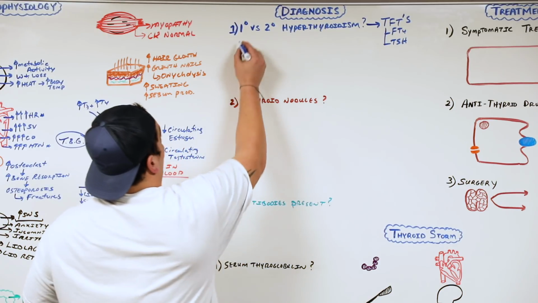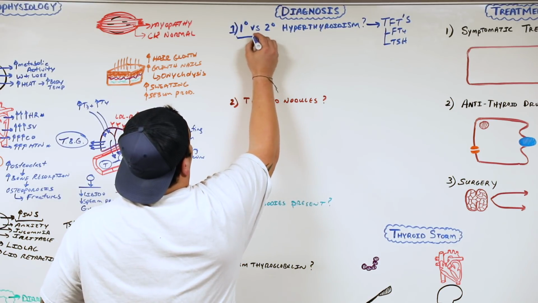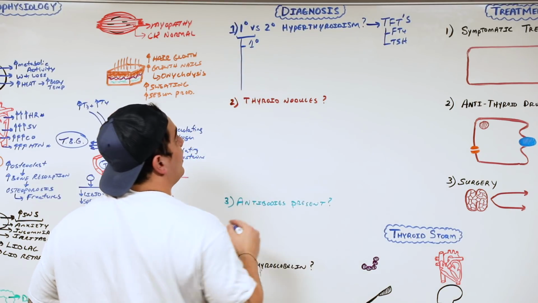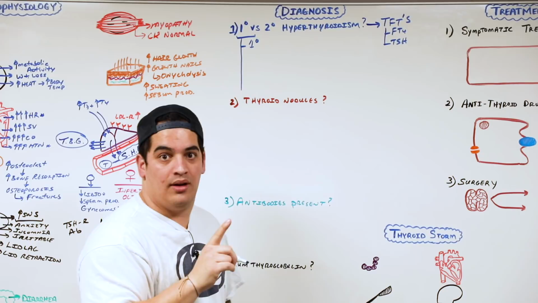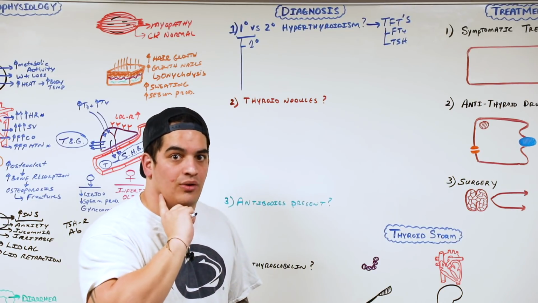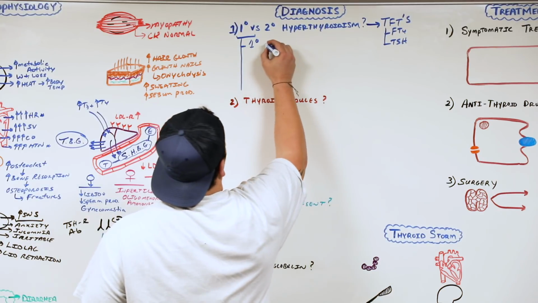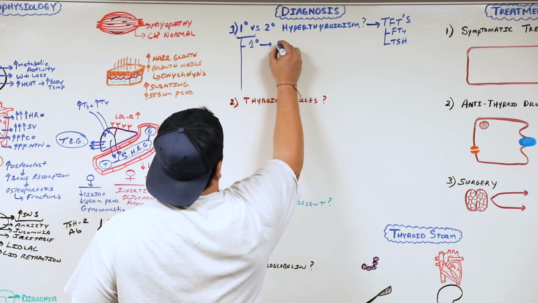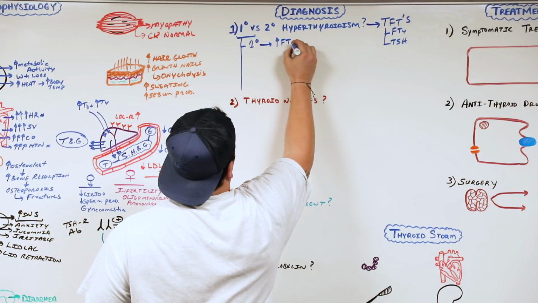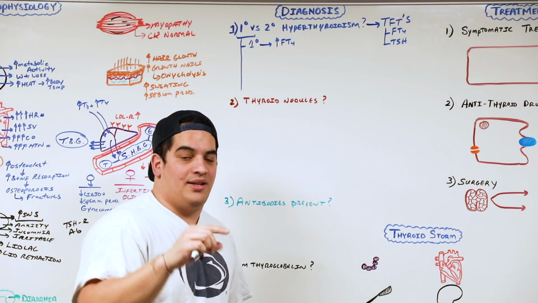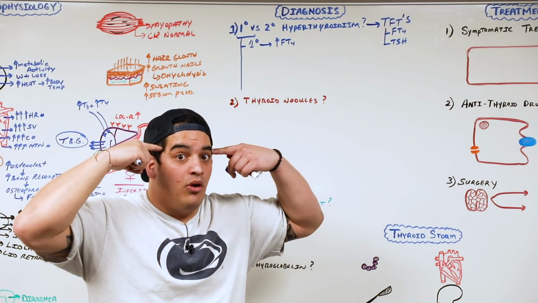Okay? So, if it is a primary issue, let's say here, it's a primary issue. What was the problem with this one? The thyroid gland was the issue. It was producing too much thyroid hormone. So if it's a primary thyroid issue, this means that you're going to have high free T4 because it's making a lot of thyroid hormone, right? But if there's a lot of thyroid hormone, what does it do?